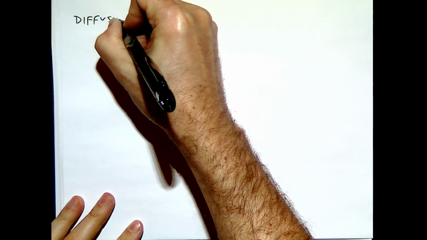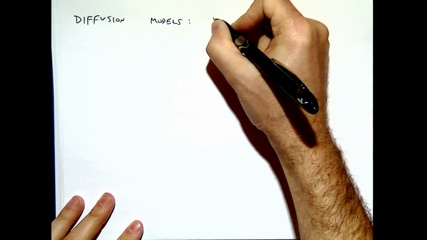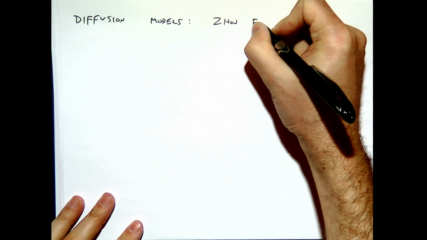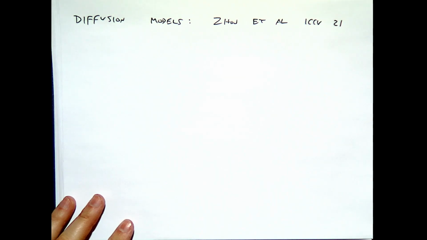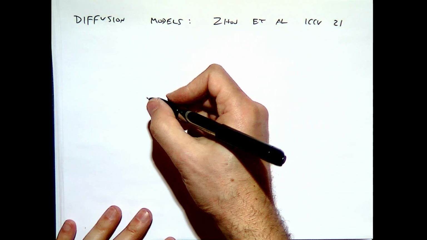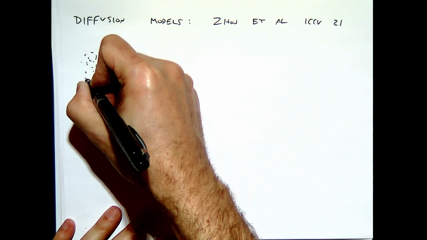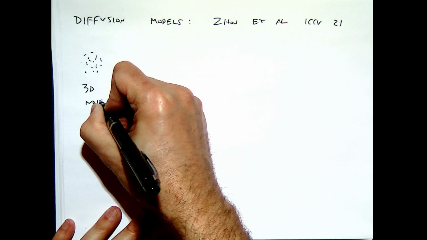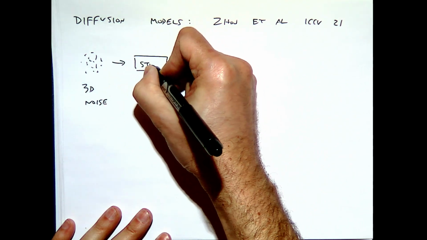Diffusion-based models. This was Zhao et al., ICCV 21. So the idea is that you basically start with total 3D noise, and then I take a diffusion step.